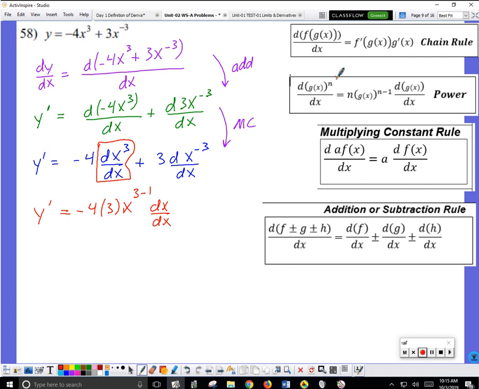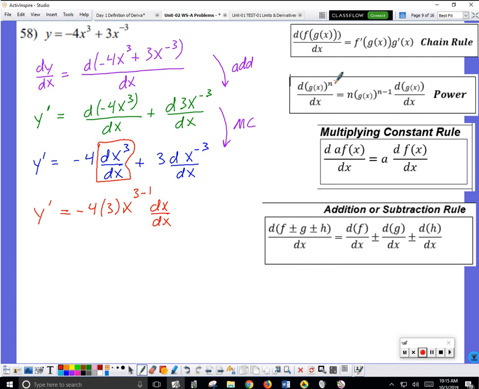Yeah, you can see here that it seemed like we could use the power rule. Negative 4 is messing it up. But it's in the parentheses, so we use the multiplying constant rule to pull out the number. Yes, these are really good questions.